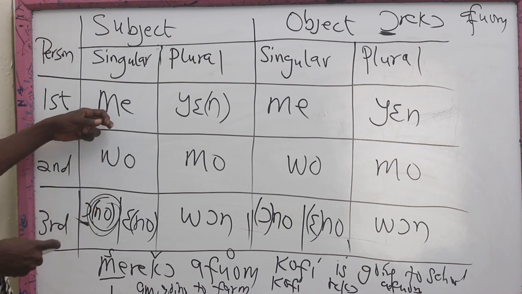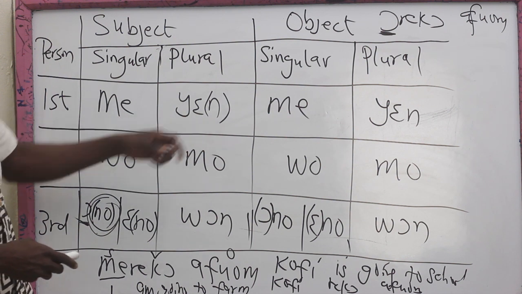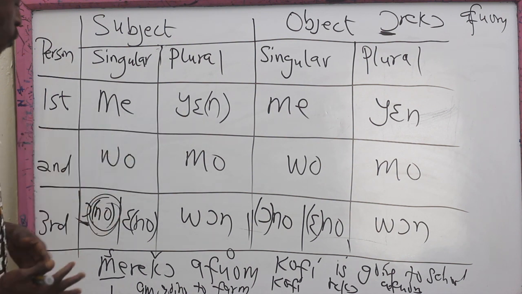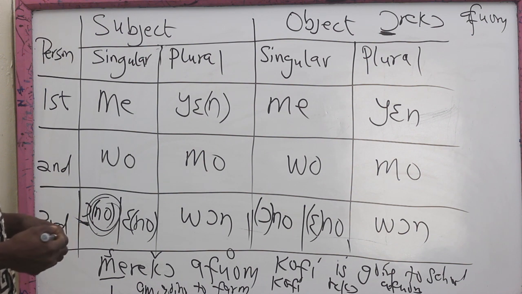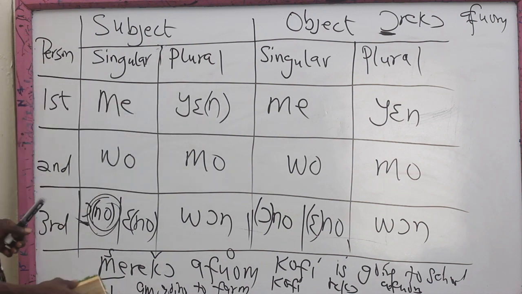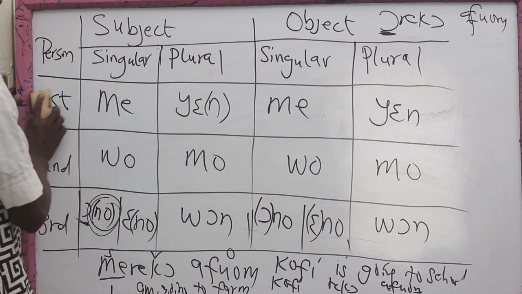Right, so me, the first example, and yen in the plural, so meko efuom. The plural will be yereko efuom. You don't bring the n. I don't know whether I should clean the whole board or put the examples there. Okay, so note this and let me clean everything.